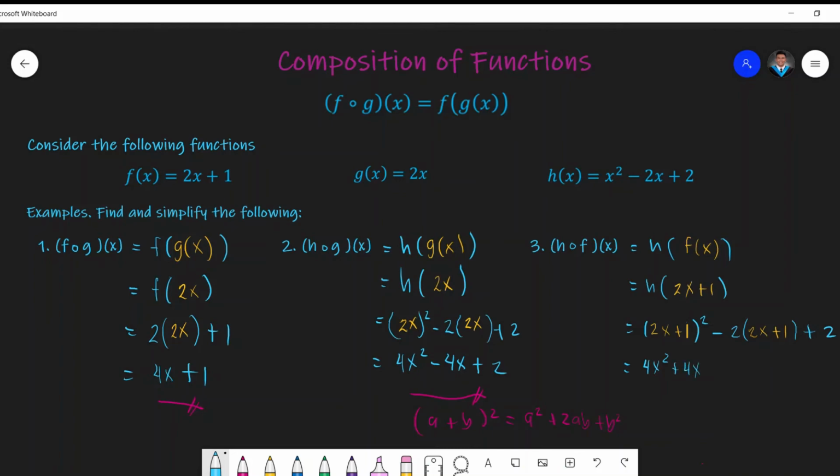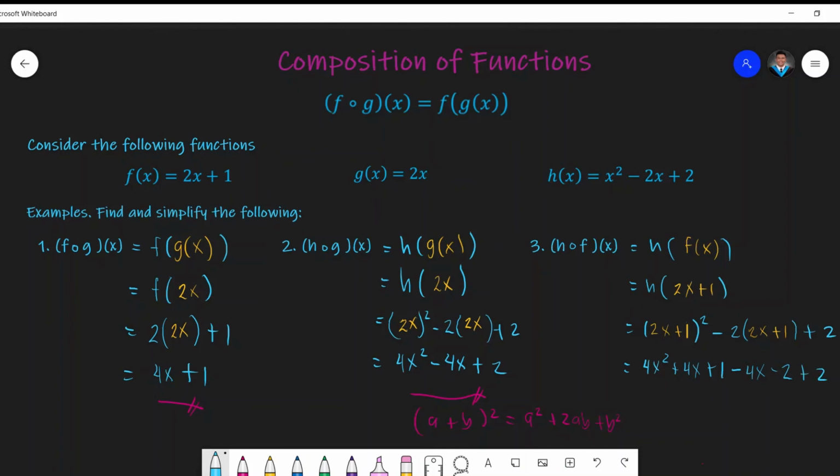And then same din sa last term, i-square natin, so 1 squared is just equal to 1. Then minus, i-distribute natin si negative 2x on this side. So we have negative 2 times 2x, that is just equal to negative 4x. Then negative 2 times 1 is negative 2, then plus 2.